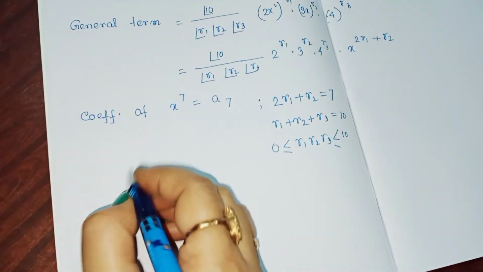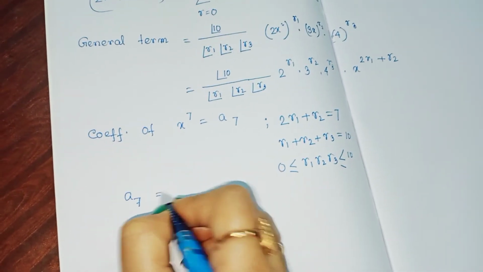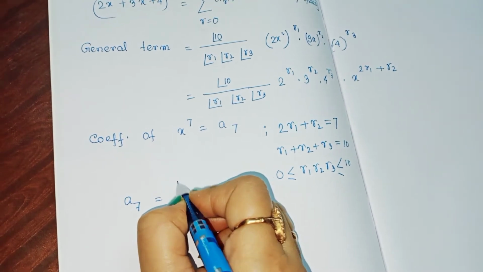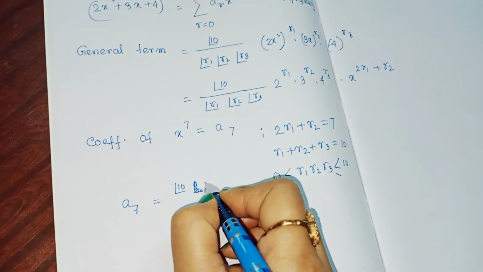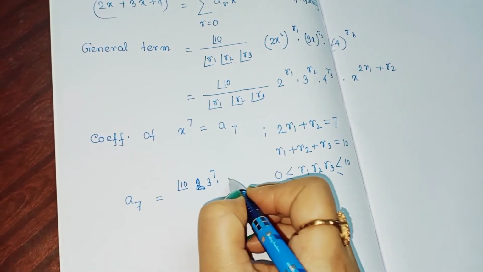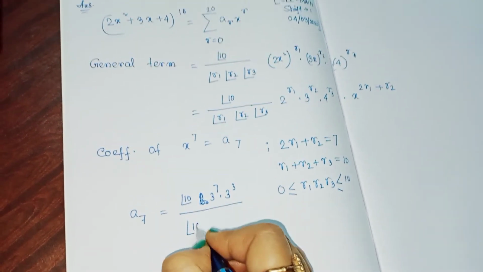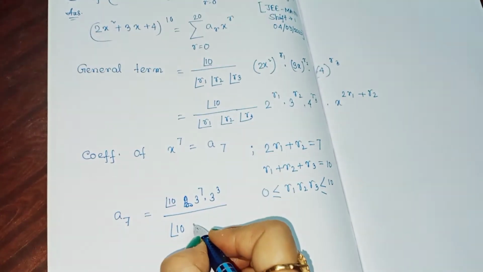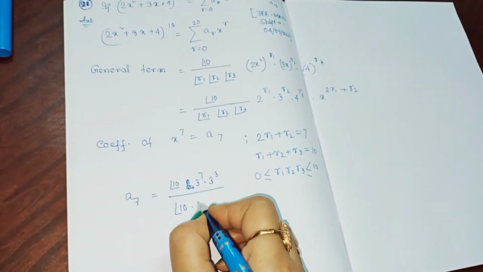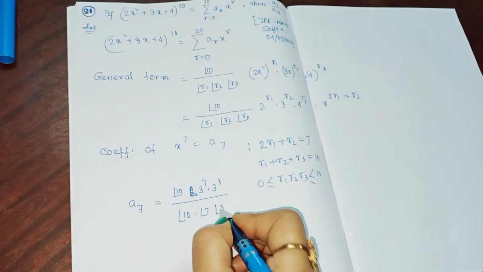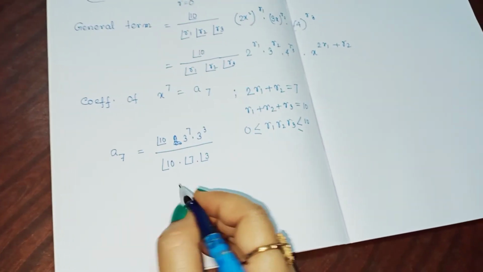So just write now a_7 is equal to 10 factorial into 2^0 into 3^7 into 4^3 divided by 0 factorial, 7 factorial, 3 factorial.